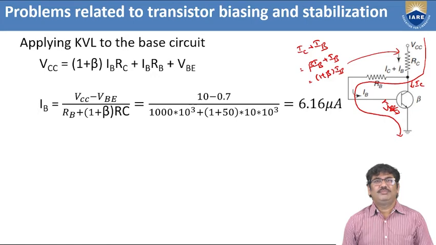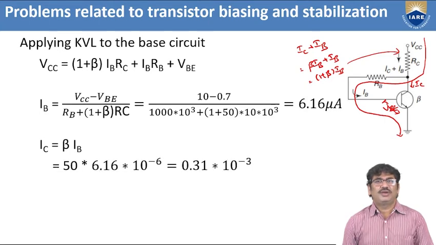From this, we get the base current as 6.16 microamperes. Then we can find the collector current IC is equivalent to beta into IB. Substituting beta as 50 and the estimated IB as 6.16 microamperes, IC will be 0.31 into 10 power minus 3, which is 0.31 milliamperes.